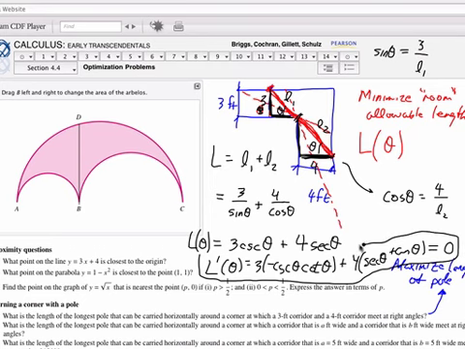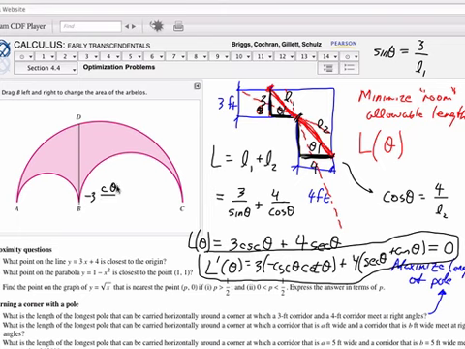So we can attempt to do this algebraically by switching all these back to sines and cosines and see if that offers a possibility of solving it. So this would be negative 3, cosine over sine squared.